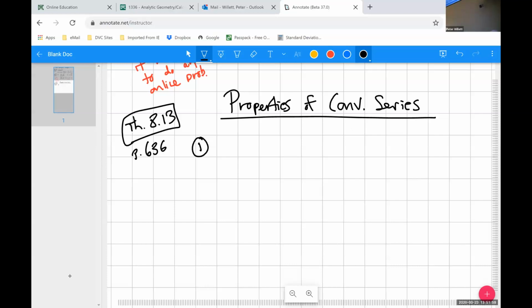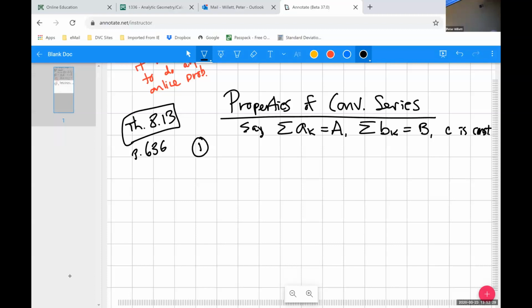So we're going to say that you have an infinite series of a sub k's that converge to the value of A. You have an infinite series of b sub k's that converge to a value B, and little c is a constant. Then we can do a couple of manipulations.